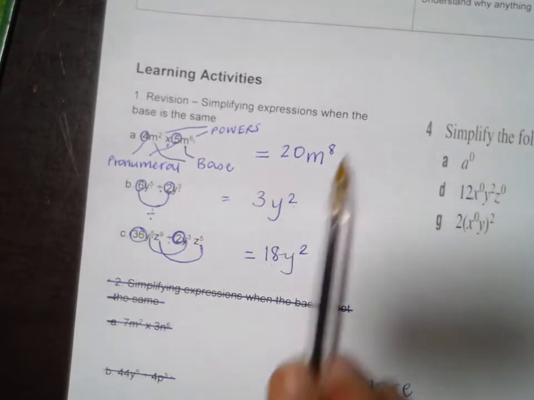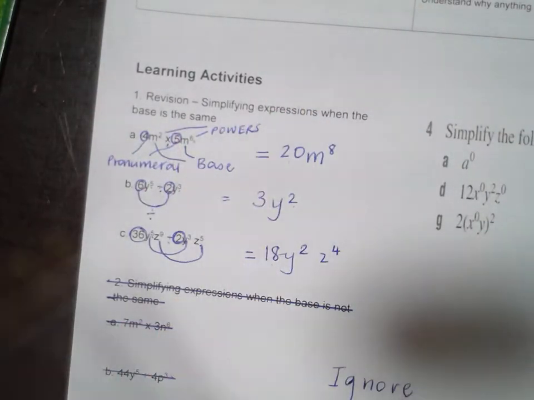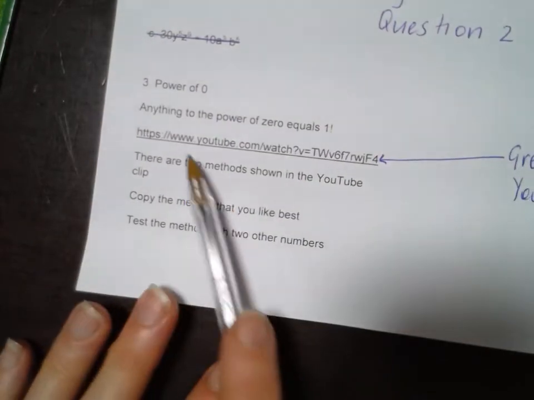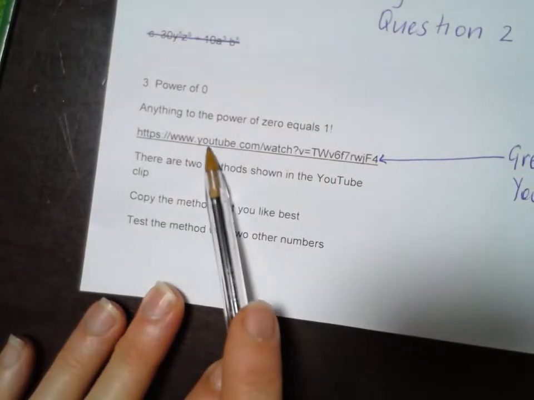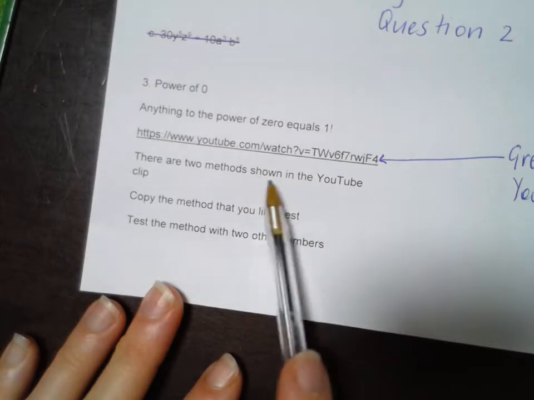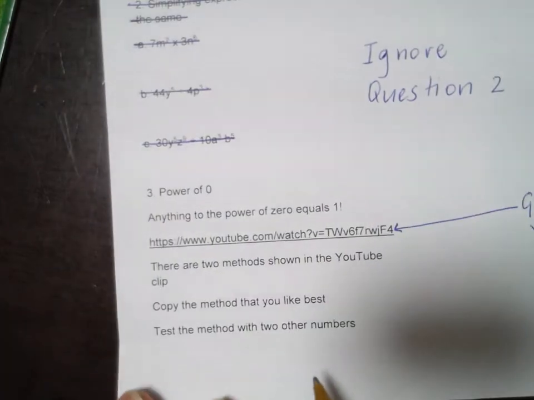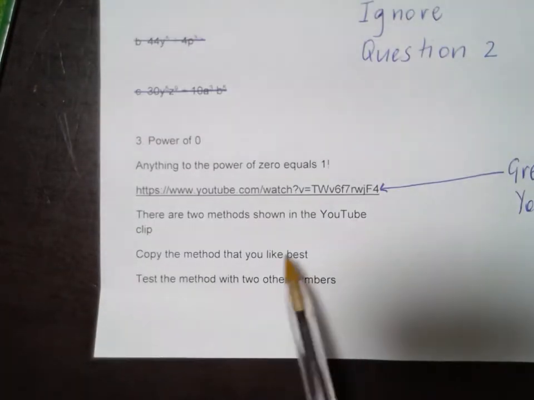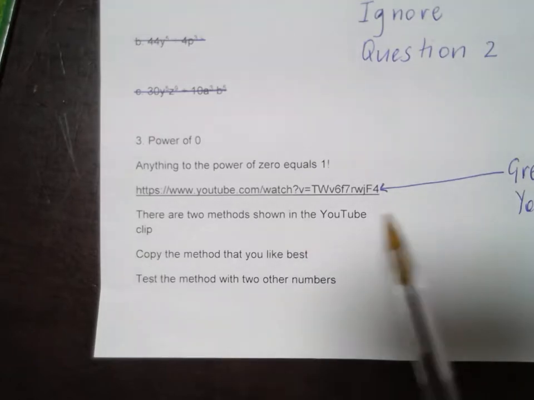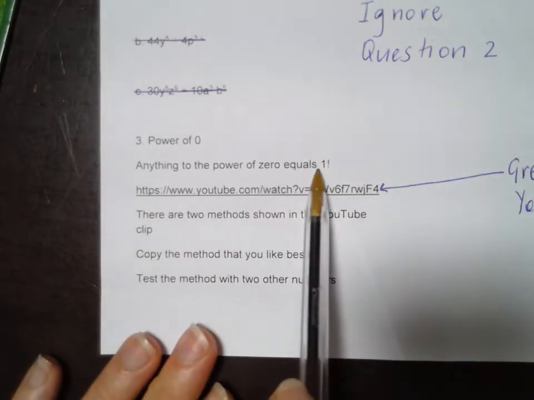Okay, so they should be pretty easy for you by this point in time, Year 8s. I do hope you took the time to look at this really good YouTube clip. Remember, I did say that in your test, it's not just about knowing that anything to the power of 0 equals 1.